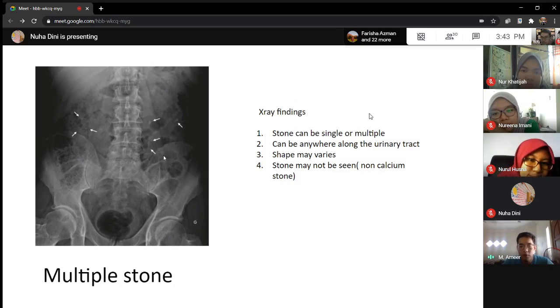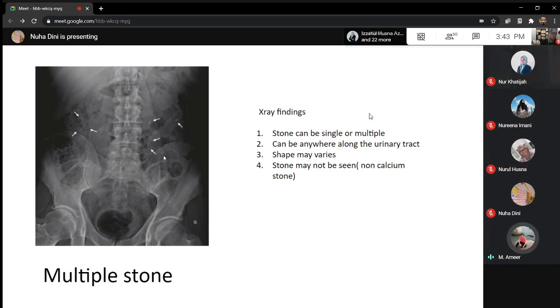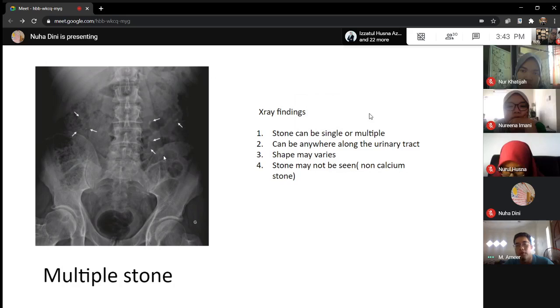Usually, when we do a KUB X-ray, the stone may be single or multiple, it can be located anywhere along the urinary tract, and the shape may vary. Sometimes, even though your clinical diagnosis is urolithiasis, when you do an X-ray, you cannot find any stone. The reason might be that the stone is a non-calcium stone. Okay, next.